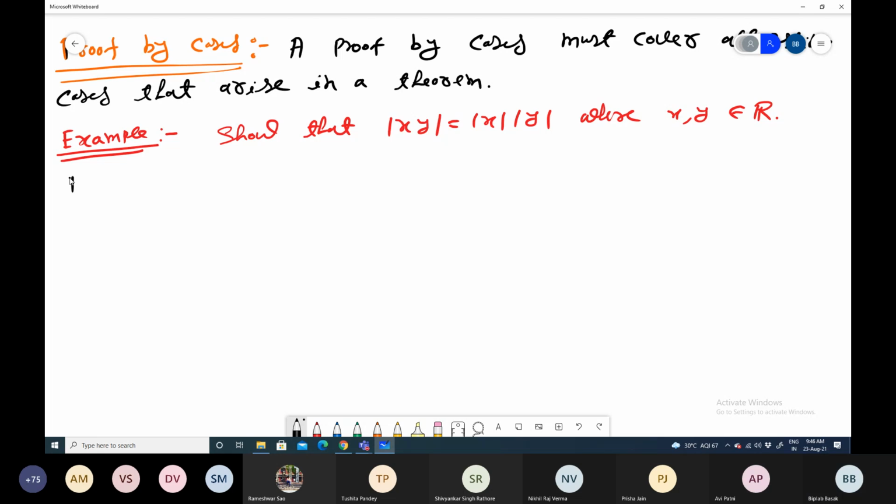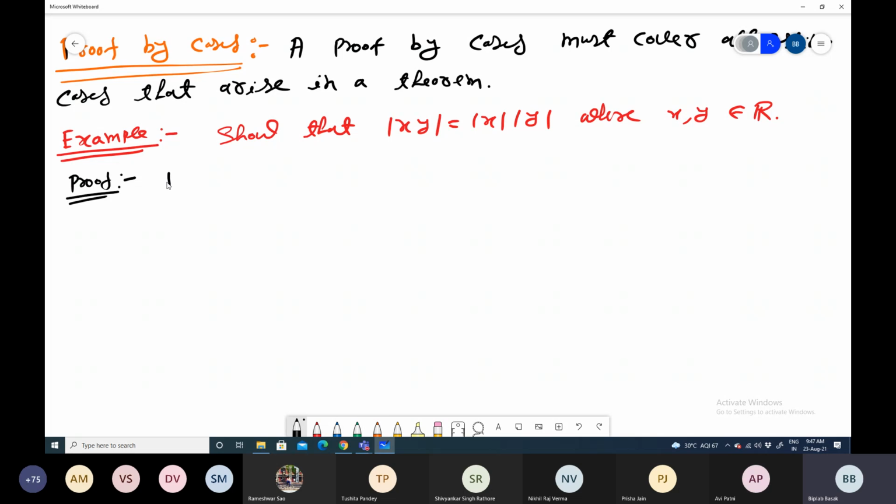Okay. So here we have the proof. Now we prove this theorem or this proposition by proof by cases. Okay. So therefore, here you can see that we will have 4 cases.